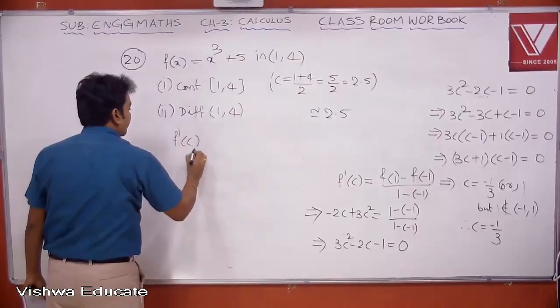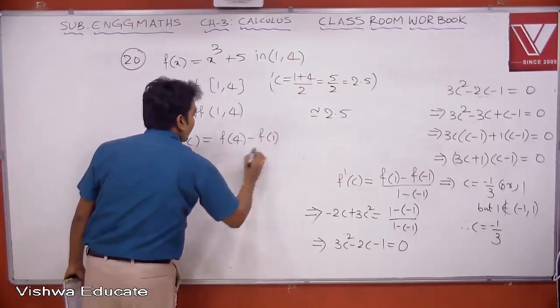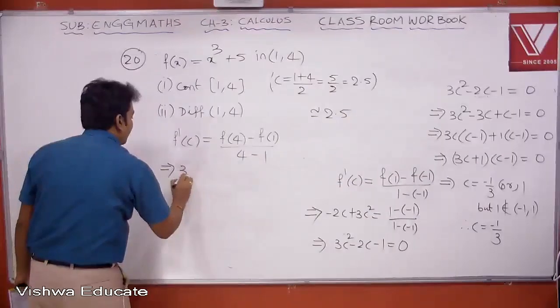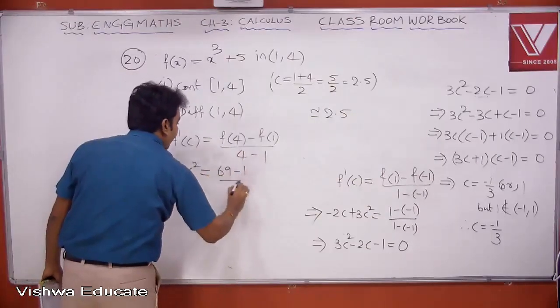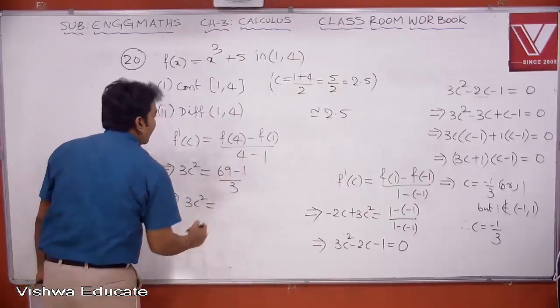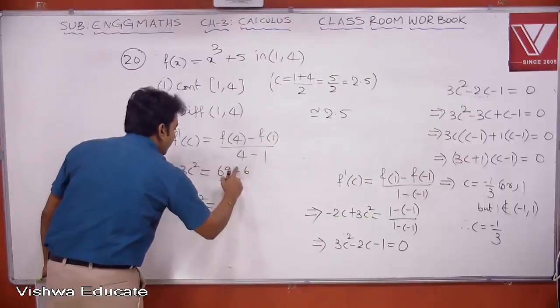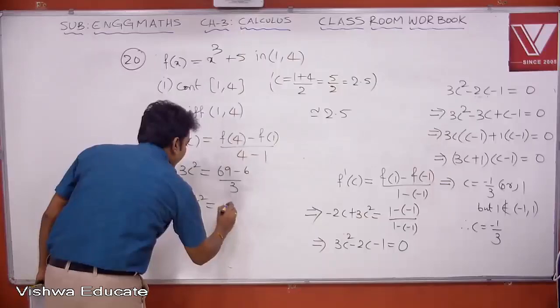Therefore, by Lagrange's mean value theorem, f dash of c is f of 4 minus f of 1 by 4 minus 1. So f dash of c is 3c square. F of 4, 69 minus 6, 63 by 3. Sorry, this value is 21.